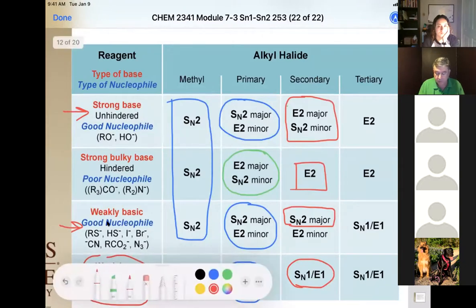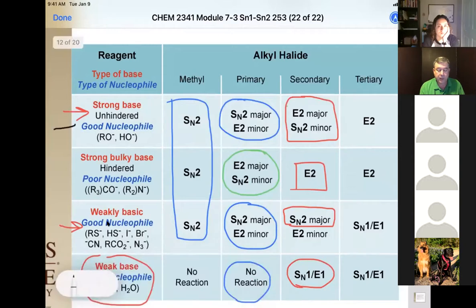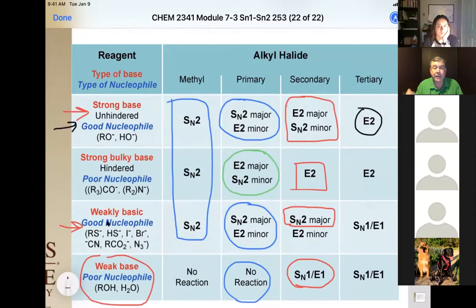All right, when we move on to the tertiaries here, with a strong base, you only get elimination because it's sterically hindered. It cannot do a substitution reaction because of sterics, okay? So you only have E2. When you have a strong bulky base, again, you cannot have a substitution reaction because it's too bulky, and so you have an E2.